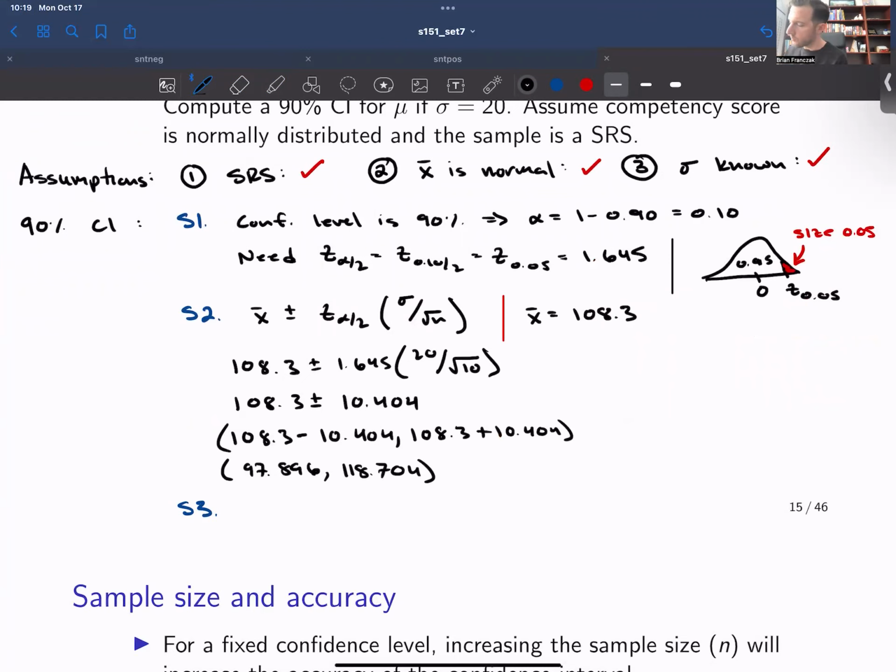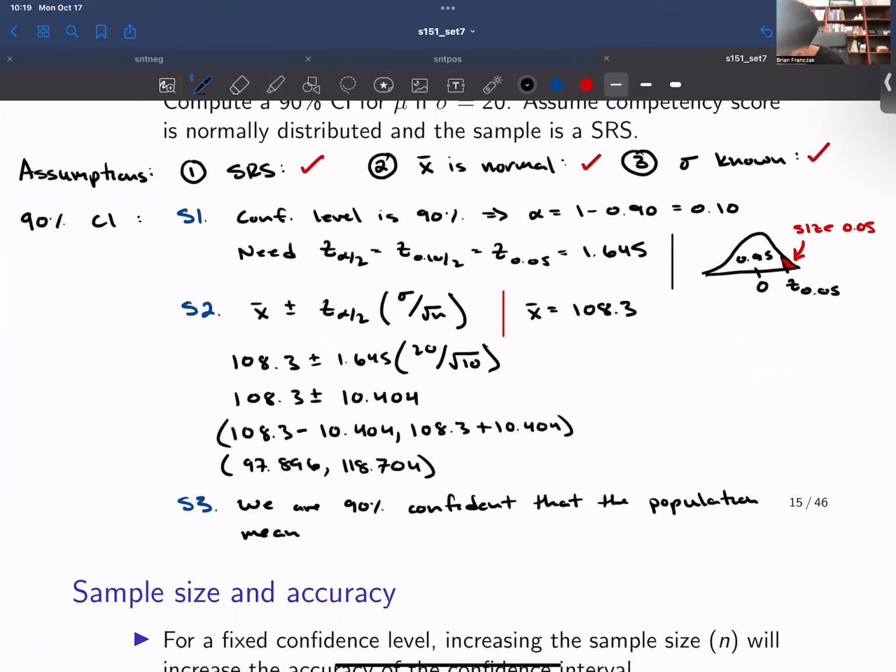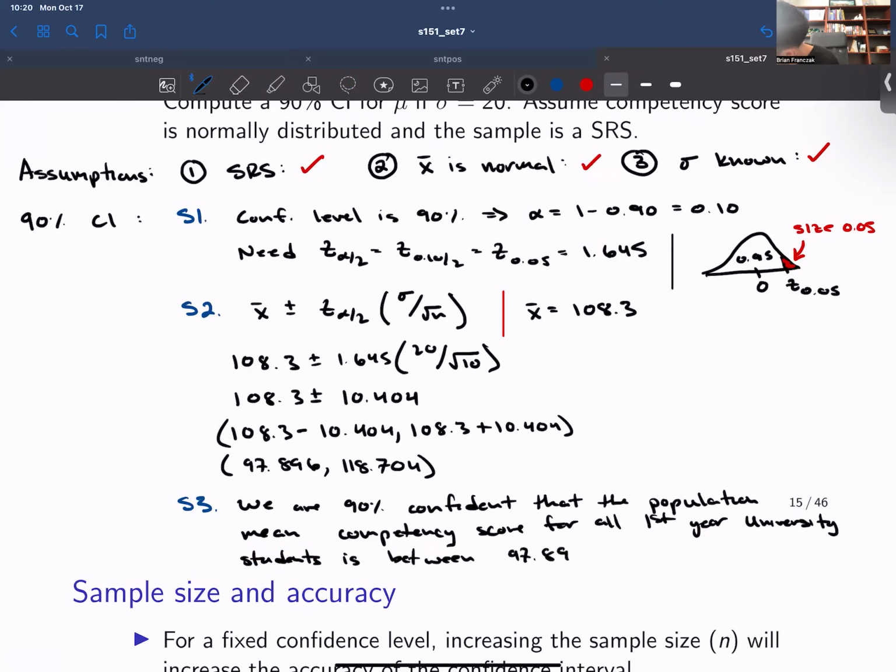So in this case, we can say something like, we are 90% confident that the population mean competency score for all first year university students is between 97.896 and 118.704.